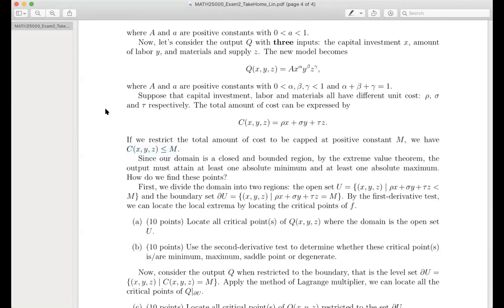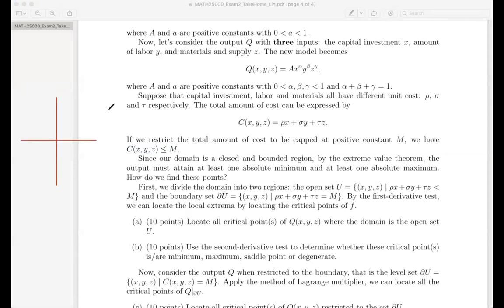This region is a closed solid in R3. Let me draw a rough picture. So this is a rough solid in R3.